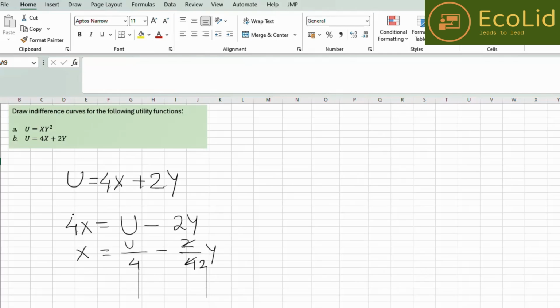So now this is our relationship between x and y, using which we will draw the indifference curve.